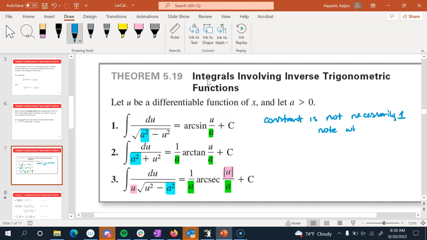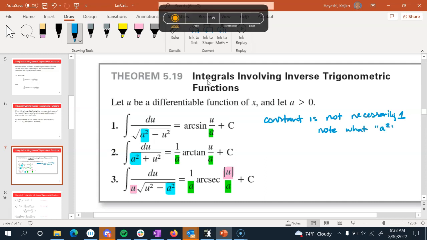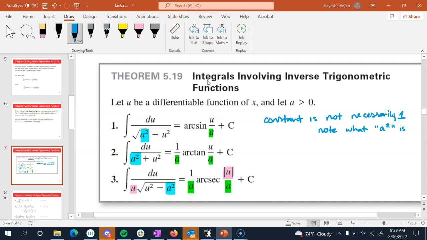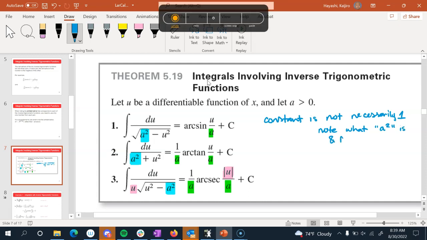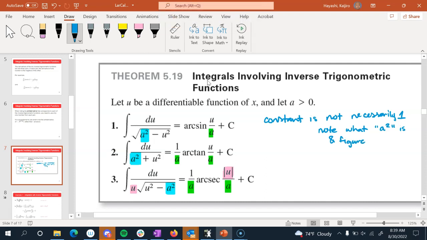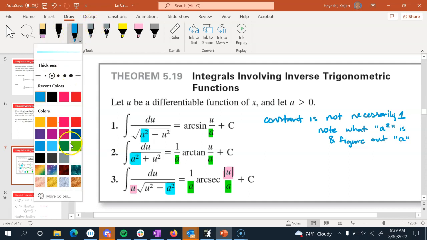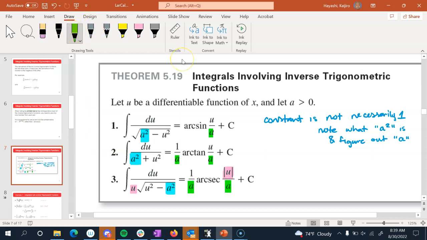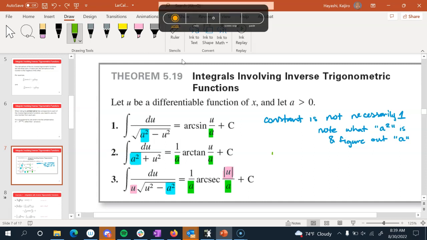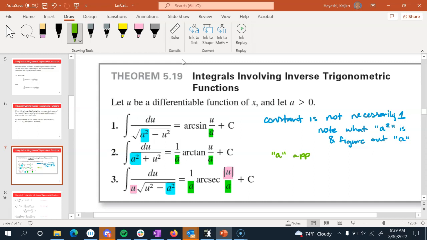So do note what a squared is, and figure out the value of a, because a appears in the antiderivative.